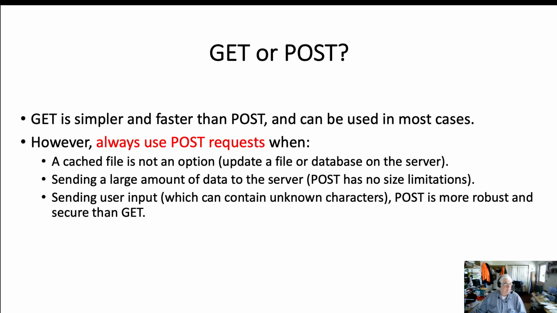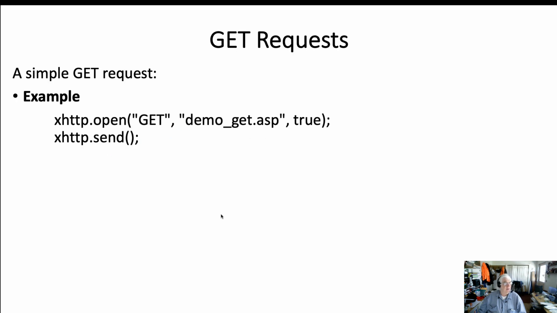If you're sending large amounts of data to the server, because the post doesn't have any size limitations, and sending user input, which contain unknown characters. Post is more robust and more secure than get. Alright, get requests.